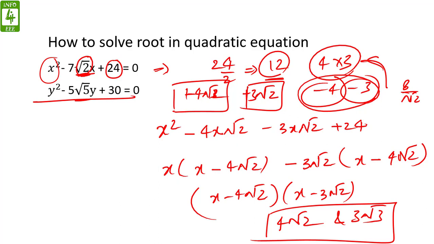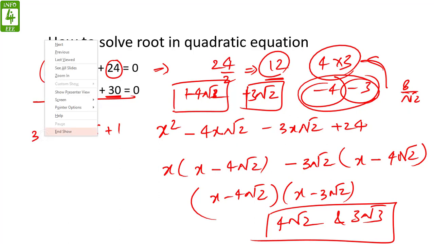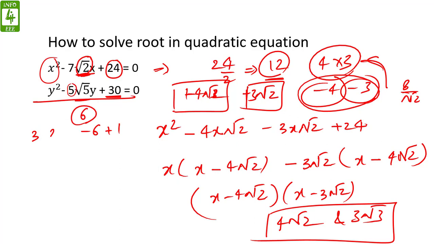So what you need to do is find the factors. Just divide this 30 by root 5. It will give you 6. And you need to divide 6 in such a way that it will give you a difference of -5. So -6 plus 1 is one thing that you can do. Second is 3 and 2.